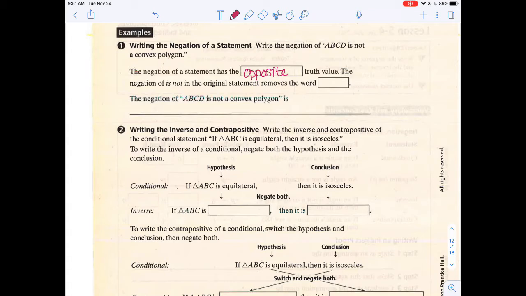If we're using "is not," like we are here, the negation of that statement removes the word not. So if we write the negation of this statement, it would be ABCD is a convex polygon, because they were using "is not," so we used "is."